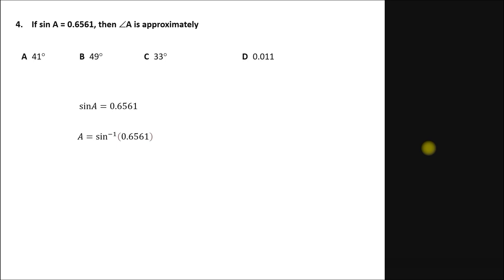This is a very important pattern to get comfortable with. Once again, if the sine of an angle, such as A, equals 0.6561, then A by itself equals the inverse sine of 0.6561.